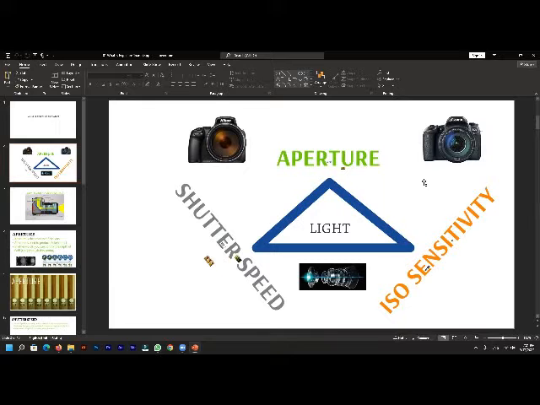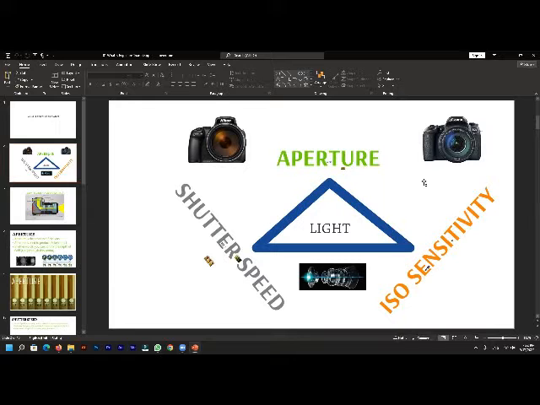For example, the Nikon Z6 comes with a kit lens which has the minimum value of f4. So f4 is aperture. We are going to talk about what these f-stop values mean. For the time being, just remember that everything which is written with f is the value of the aperture. That is the minimum value of the aperture. It can go beyond that value.